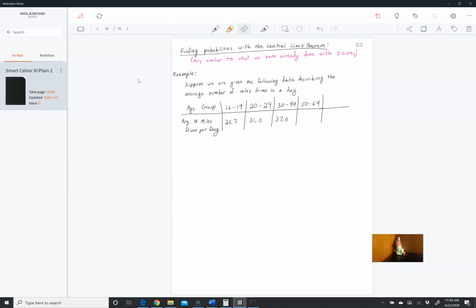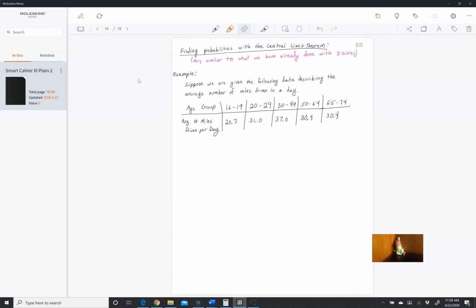That doesn't matter, we're not doing any sort of graphing. And finally, 65 to 74-year-olds drive an average of 30.4 miles per day.